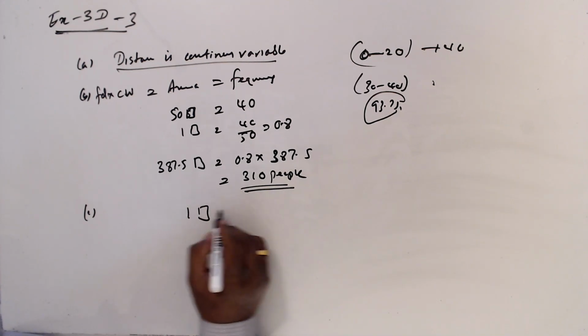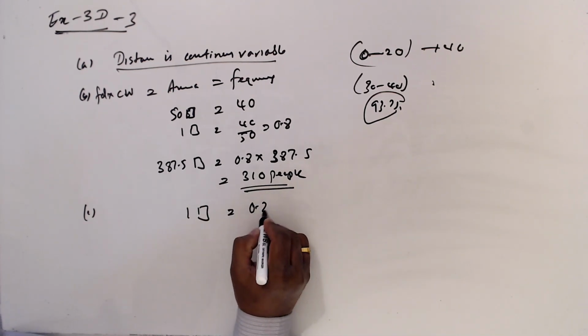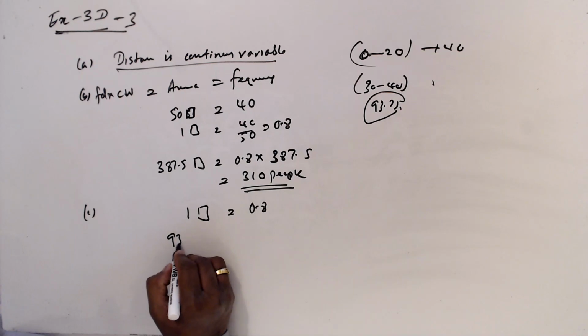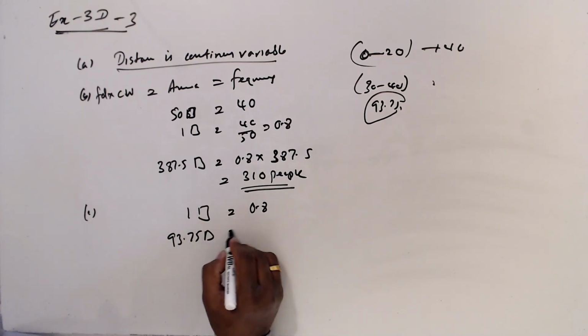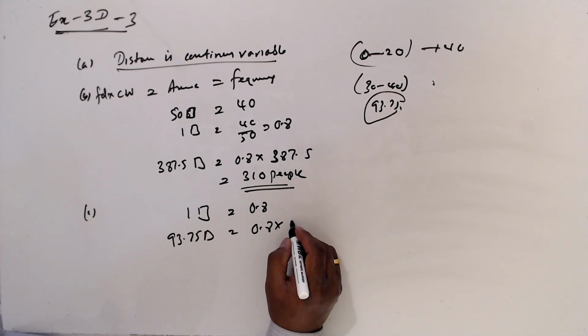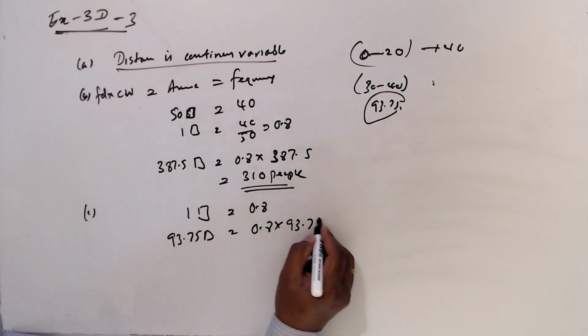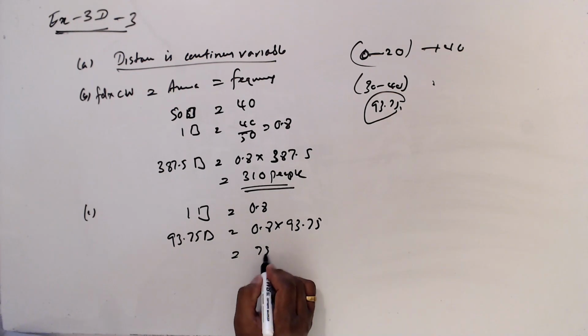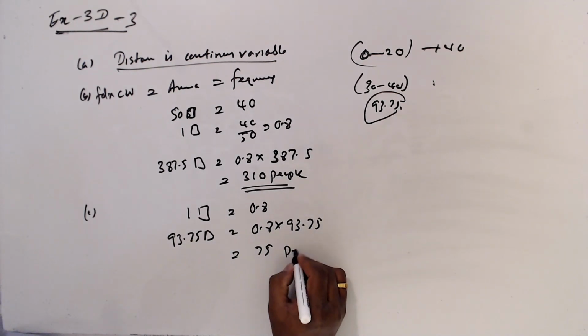One square is 0.8, so 93.75 squares is 0.8 times 93.75, which equals 75 people.